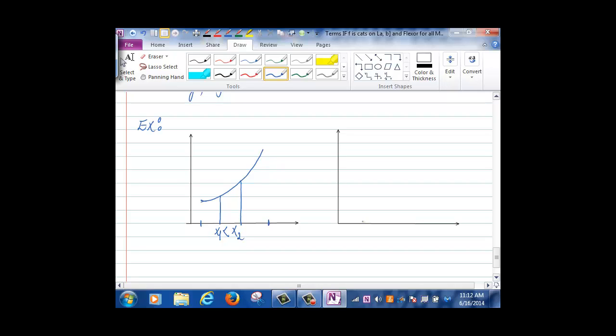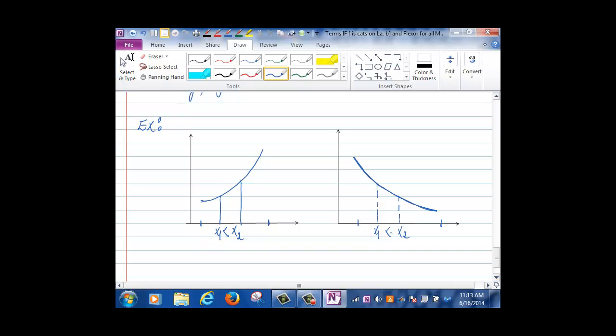And decreasing would mean that the graph looks like this. There are other possibilities, the graph might be decreasing in some other way, but here is x1 and here is x2, and now the height at x2 is smaller than the height at x1.